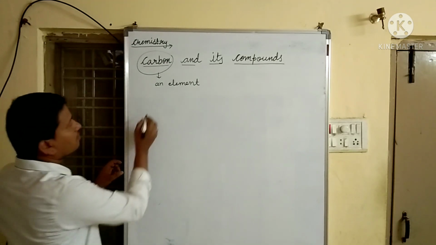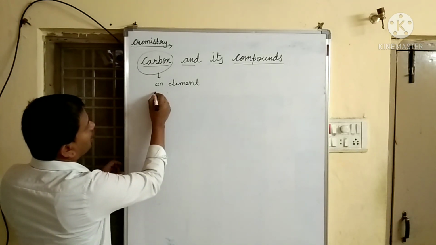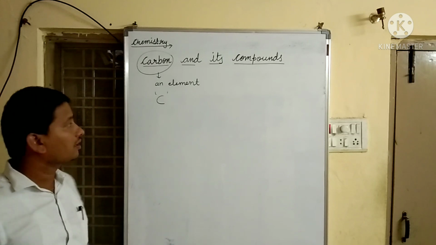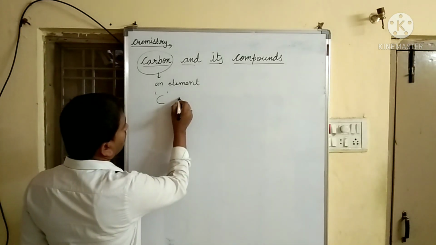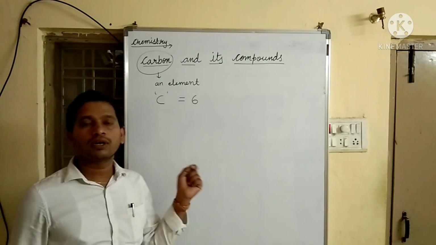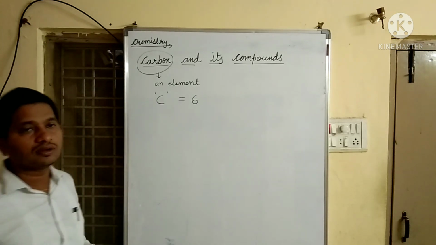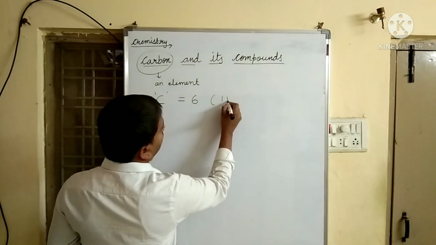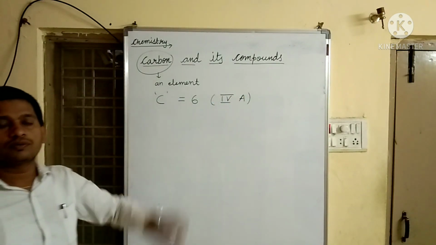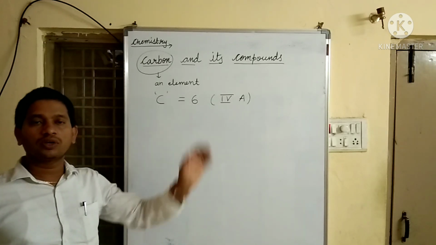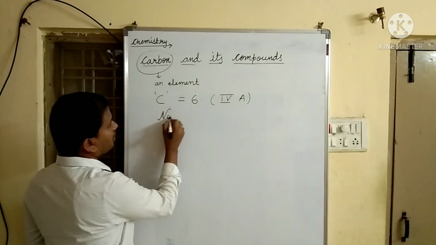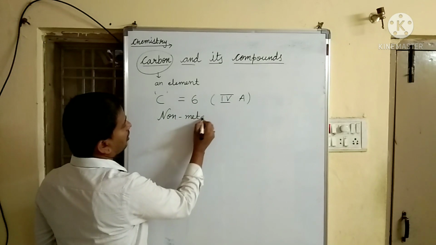And what is the symbol for carbon? The symbol for carbon is C. And the atomic number of carbon is 6, which is placed in the modern periodic table in group 4A, and carbon is a non-metal.